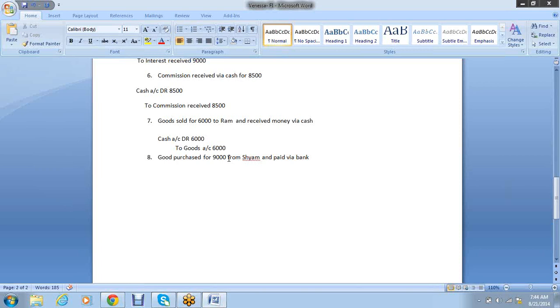Bank account is credit, and the goods account is debit. Always first we have to say the debit entry. The goods account is debit, and the bank account is credit. Why? The goods are coming in, correct? So it is a debit, and credit because the cash is going out via bank. Absolutely correct.